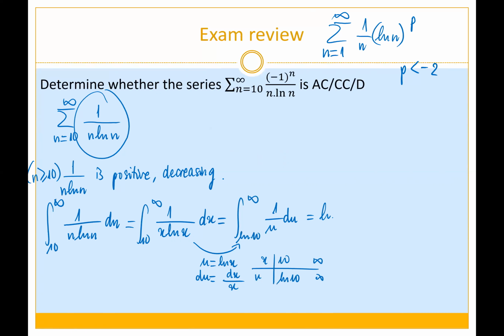Or you can have the limit as t approaches infinity of the integral from ln of 10 to t. This one is really easy. It's just ln of u, evaluated from ln of 10 to infinity, so the limit as t approaches infinity of ln of t minus ln of 10.